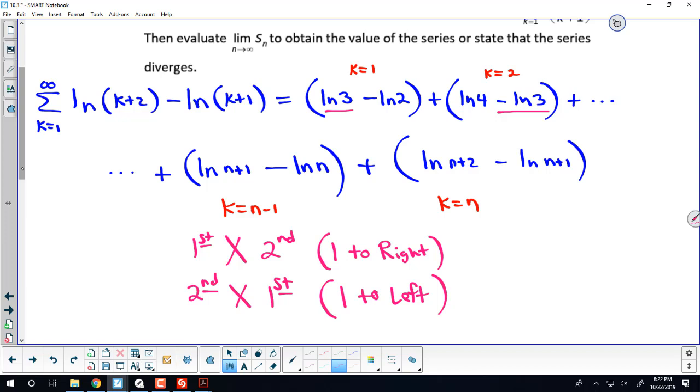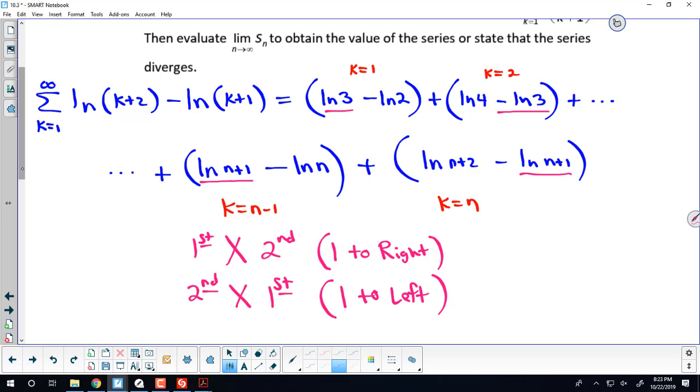Okay. So then is the negative ln2 going to cancel with anything? No, the negative ln2 will stay, and this time I'll just underline what cancels, that way it's not too messy. So the ln of n plus 1, does that cancel with anything? The ln of n plus 1, that's the first in each pair, cancels with the second term to the right.